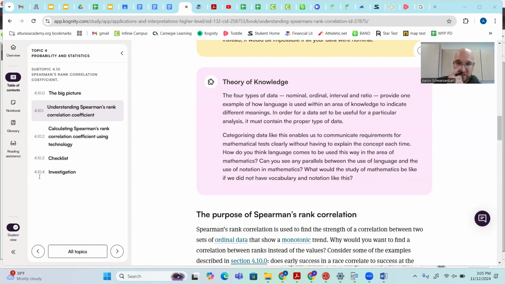Categorizing data like this enables us to communicate requirements for mathematical tests clearly without having to explain the concept each time. That's really important, that we know and understand what these terms mean so you don't have to re-explain it every time you need to use it. So language is a very important part of mathematics, as is notation. It would be very ugly if we didn't have those.